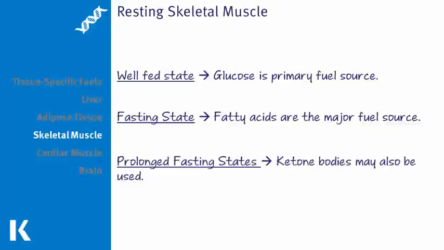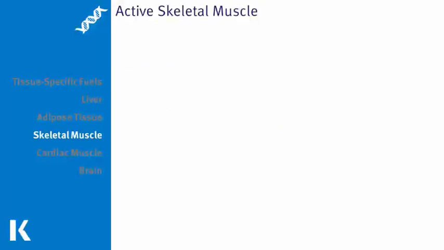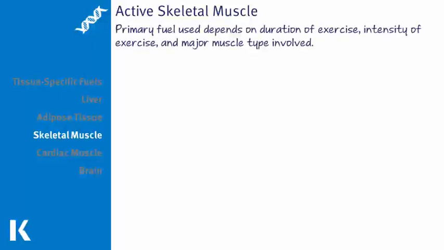If fasting has been going on for a while, ketone bodies can also be used to provide energy to the tissue. There's a difference between the substrates used for energy for resting skeletal muscle and for active skeletal muscle. The type of substrate being used depends on the muscle fiber being used and the type of exercise being performed. First, we'll look at the fuel sources used depending on the duration and intensity of the exercise.